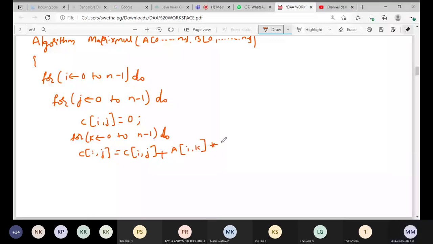Is it right? Next we will return this one. Return C. What is C? C is the resultant matrix, right?